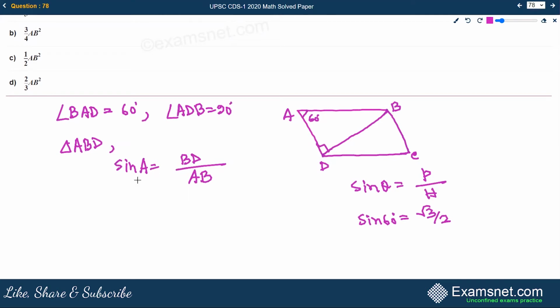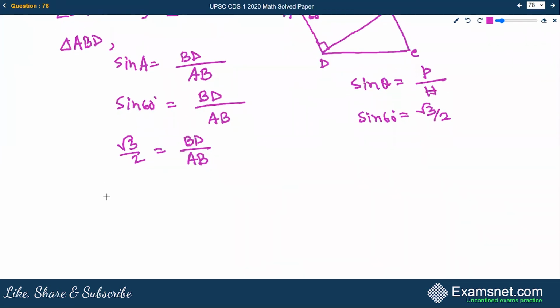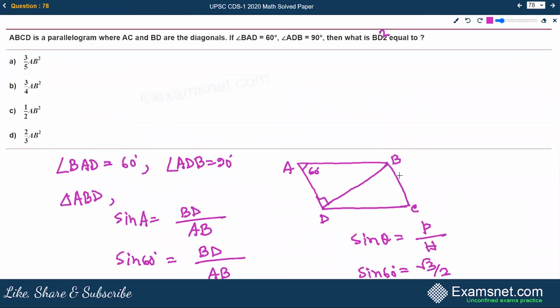Sine 60 degree is root 3 by 2, so BD by AB equals root 3 by 2. Since we are asked to find BD square, let's square both sides. We will get 3 by 4 AB square. So BD square is equal to 3 by 4 of AB square. We don't know the value for AB, so we will keep it as it is. Option B is the correct answer here.